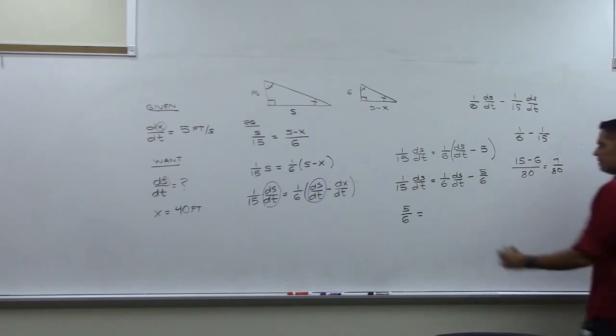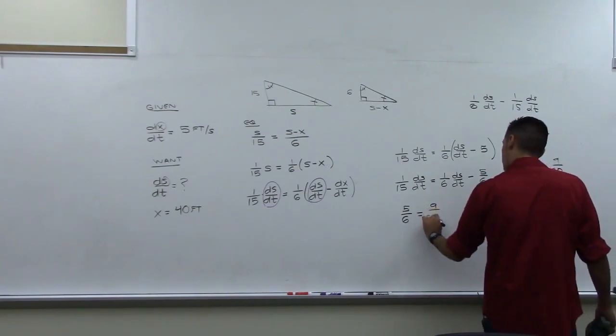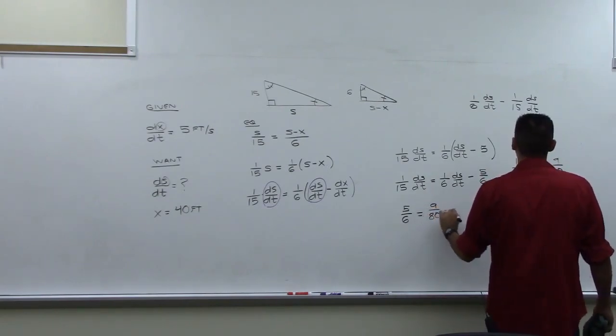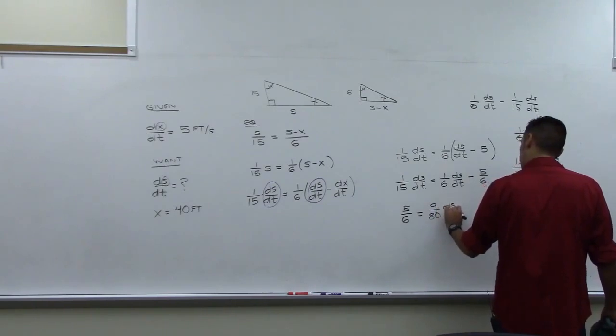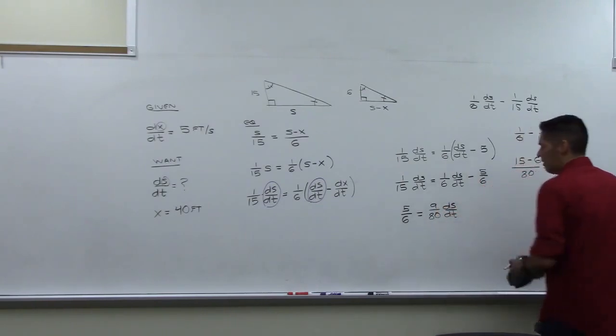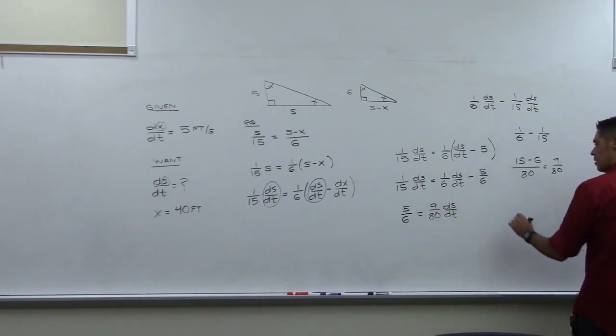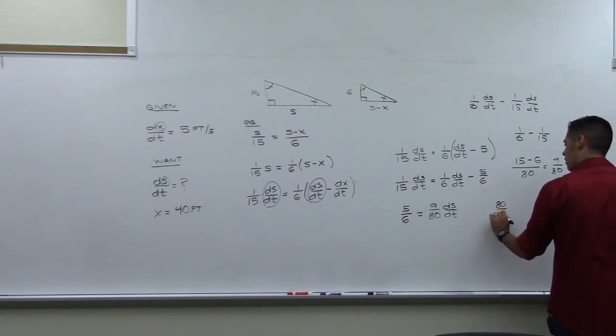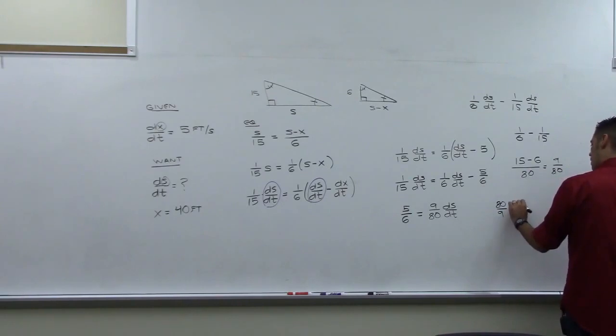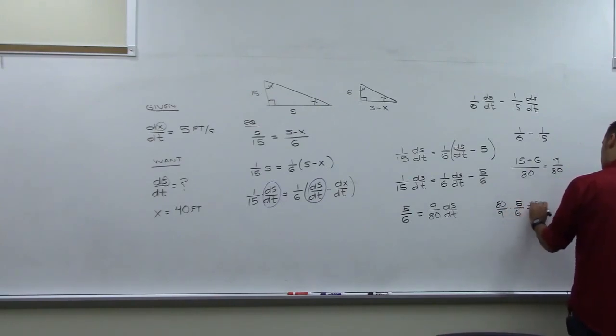9, 80, is that right? 9 over 80 ds/dt. And then to get ds/dt by itself, I multiply by the reciprocal on both sides. So I'm doing 80 over 9 times 5 over 6 equals ds/dt.